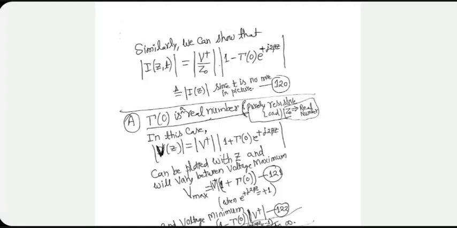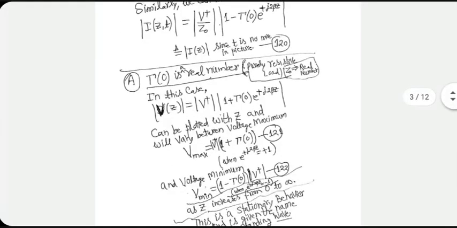Okay. Now what happens to this magnitude? e to the power j2 beta z, maximum value is plus 1 and minimum value is minus 1. If 2 beta z is 0 or 2 pi or 4 pi or 6 pi, then e to the power 2j beta z will be 1. If 2 beta z is pi or 3 pi or 5 pi, then e to the power j2 beta z will be minus 1.